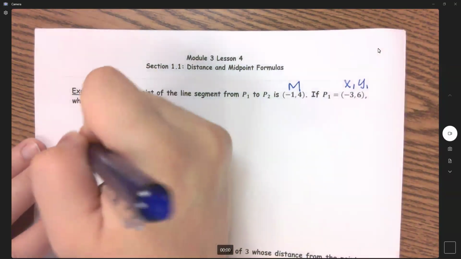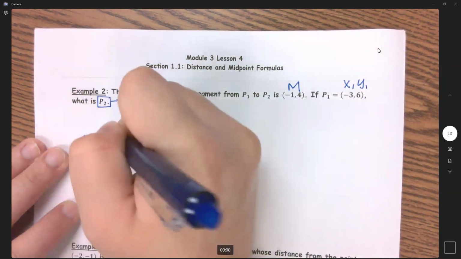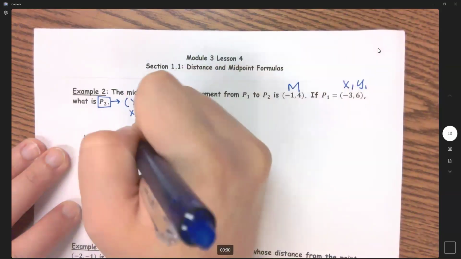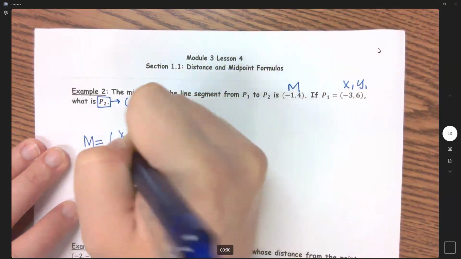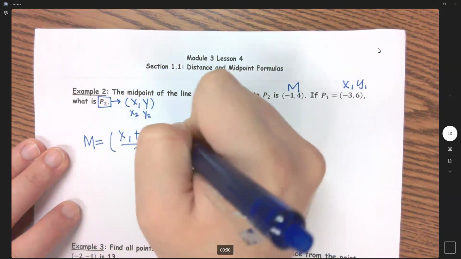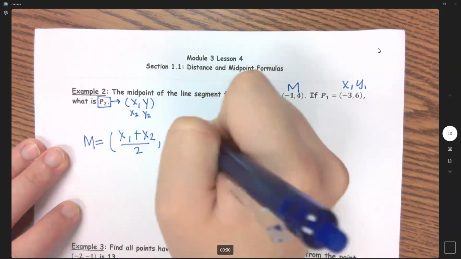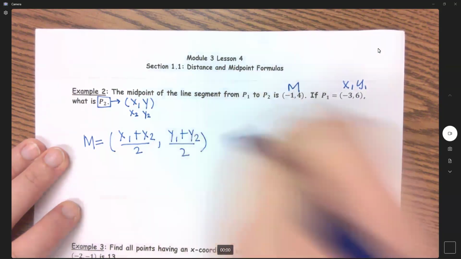Okay, so I'm going to just rewrite my formula for midpoint. Midpoint equals X1 plus X2 divided by 2, comma, Y1 plus Y2 divided by 2.